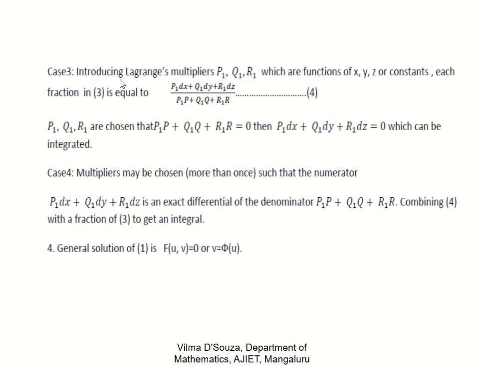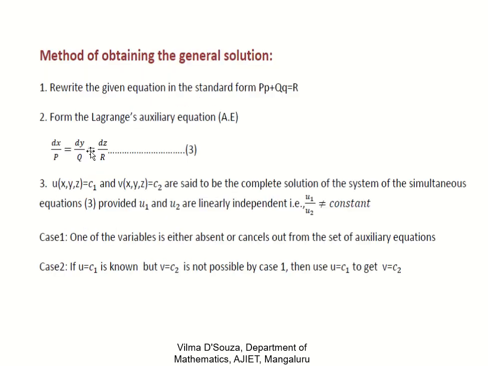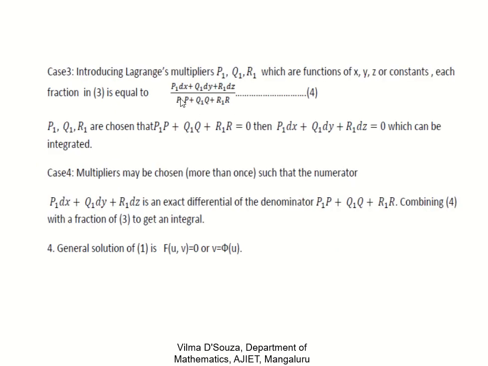Next one, introducing multipliers. You introduce multipliers P1, Q1, R1 as functions of x, y, z or constants, so that each fraction will be equal to P1 dx plus Q1 dy plus R1 dz divided by P1 P plus Q1 Q plus R1 R. So it becomes the ratio of these fractions.